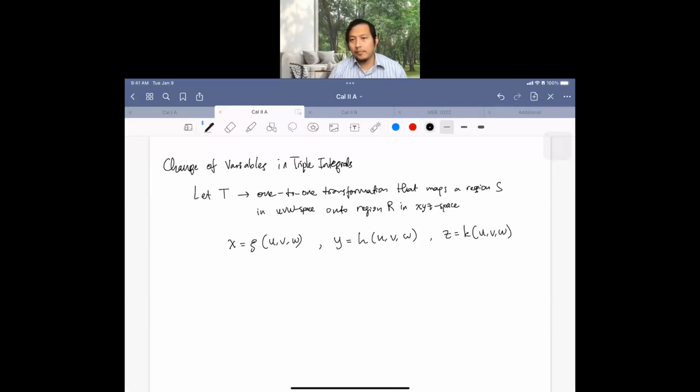The next important thing in the triple integral is the Jacobian. What is the Jacobian? The Jacobian of these transformations is a 3 by 3 determinant.